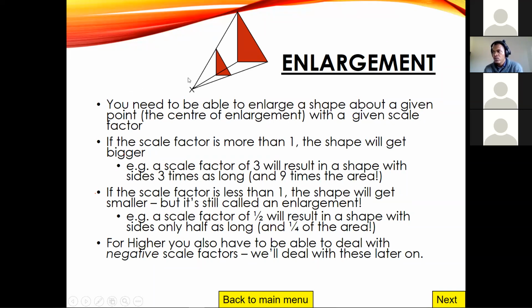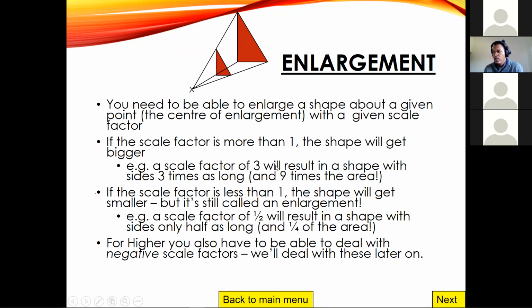So for enlargement, we also have a center of enlargement. Like in the previous one, we had a center of rotation. So the center of enlargement is that last point where the whole shape becomes a dot. So it's also something that you need to find. If the scale factor is more than 1, the shape will get bigger. If the scale factor is less, all right, the shape will become smaller, right?